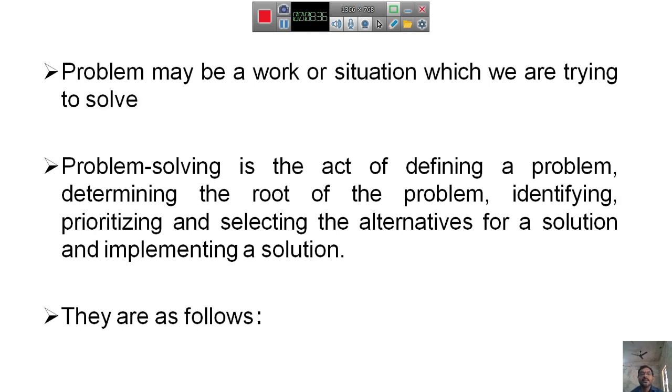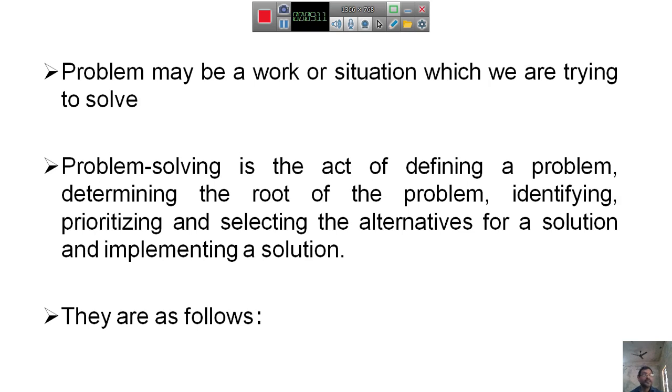Then next, identifying, prioritizing and selecting the alternatives for a solution and implementing a solution. It means that we have to find out the solution. Generally a problem may have one solution or more than one solution.